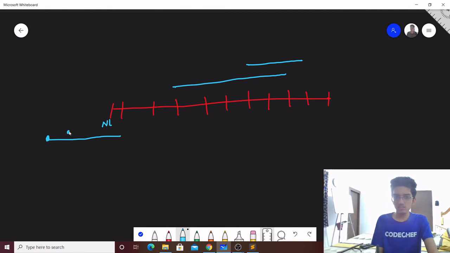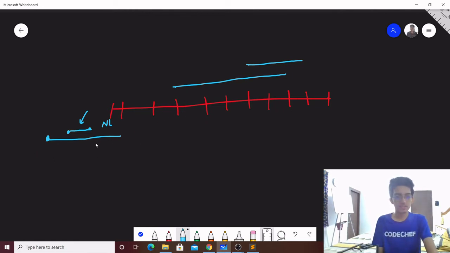Let's say that there was one more segment over here. Then you can see that selecting this segment would have done us no good because this does not cover any of the required red segments, right? But if there was this blue segment which was starting earlier and it was extending more than this segment, then it would have made sense to take this segment because this is covering more of the red regions.